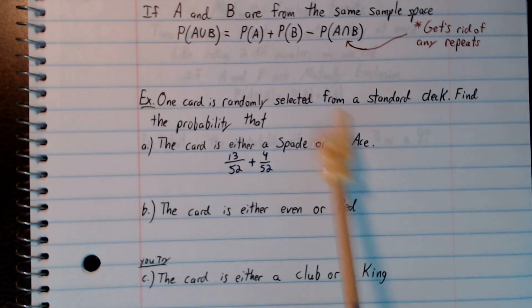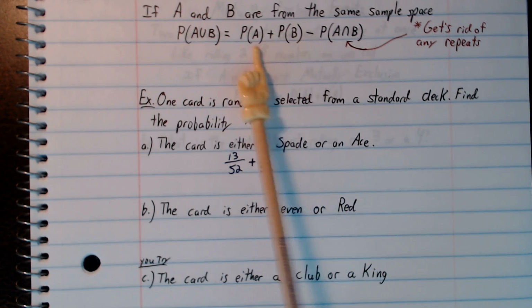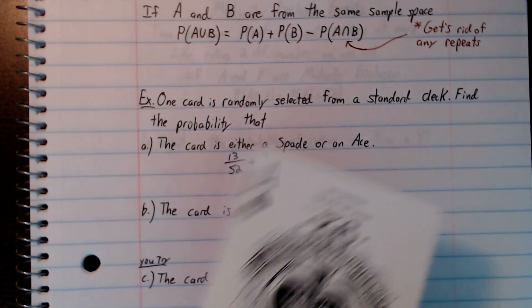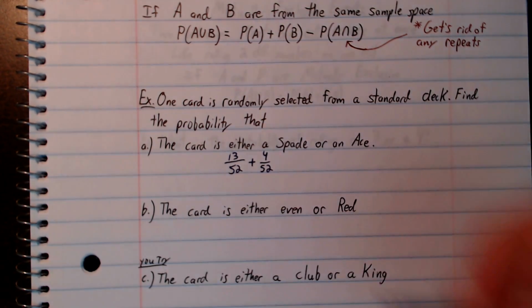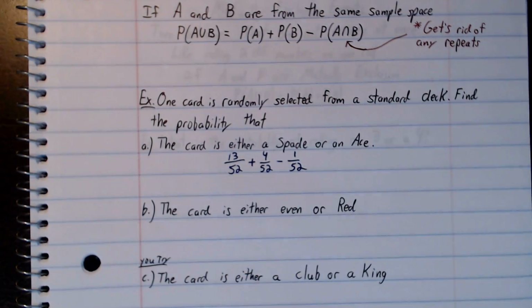For a probability, that's what this little piece right here is telling us. It intersected somewhere in here at least once, so we've got to get rid of that repeat. Luckily, that ace only shows up once out of the 52 cards. So we subtract 1 out of 52.